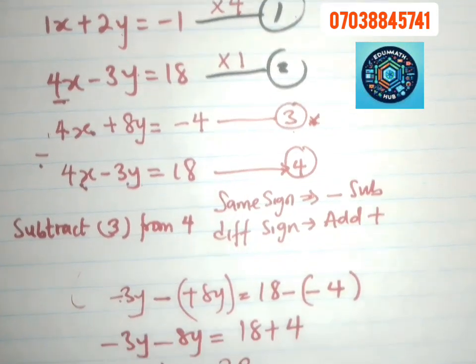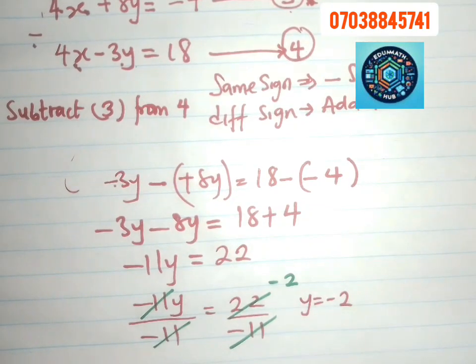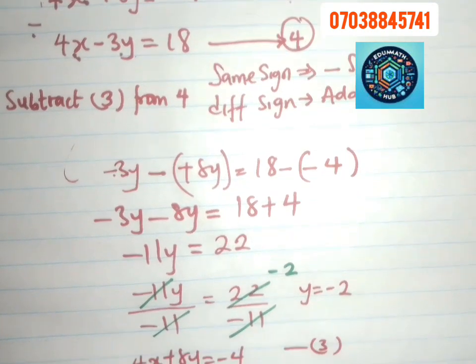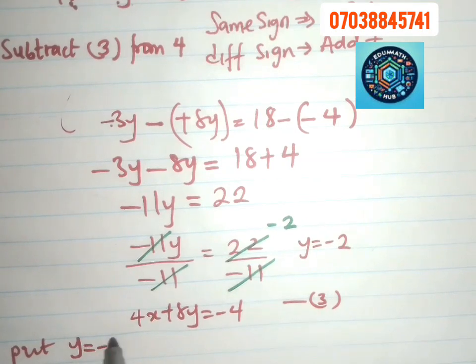Let me write the equation out first. So I have 4x plus 8y equals minus 4, which is equation 3. I'll put the value of y here: y equals minus 2.